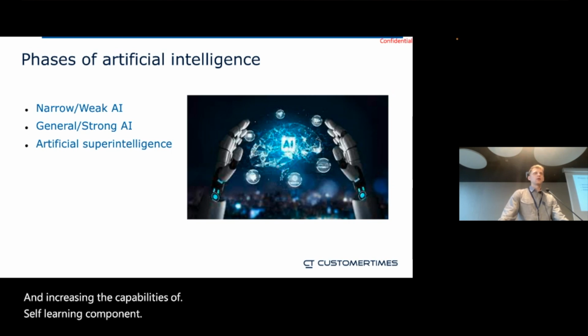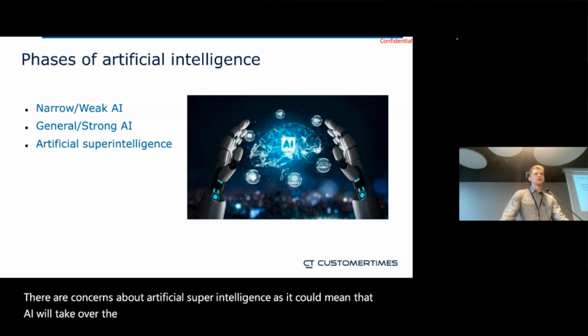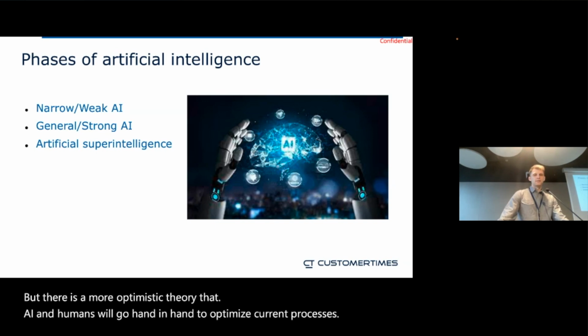There are concerns about artificial superintelligence, as it could mean that AI will take over the world, wiping out humanity. But there is a more optimistic theory that AI and humans will go hand in hand to optimize current processes. Let's list AI benefits.